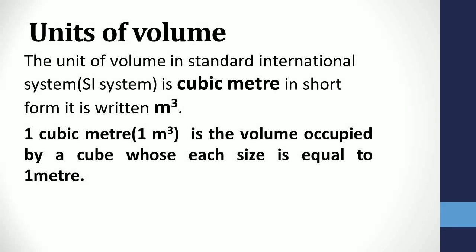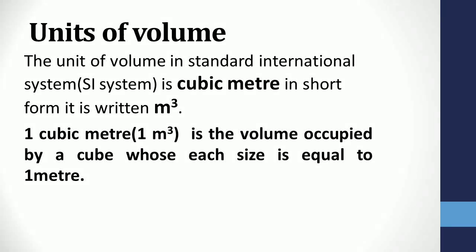Now the question is, how big is the cubic meter? And what is the cubic meter? A cubic meter is the volume occupied by a cube whose each side is equal to 1 meter.